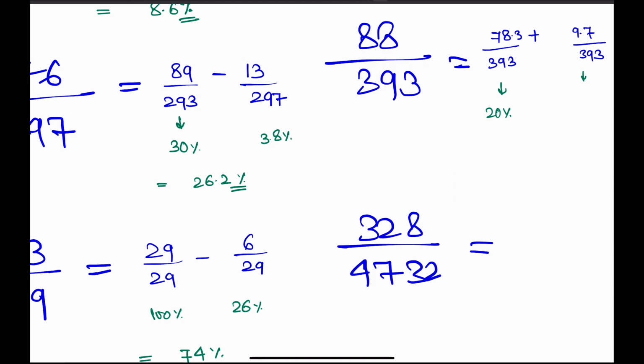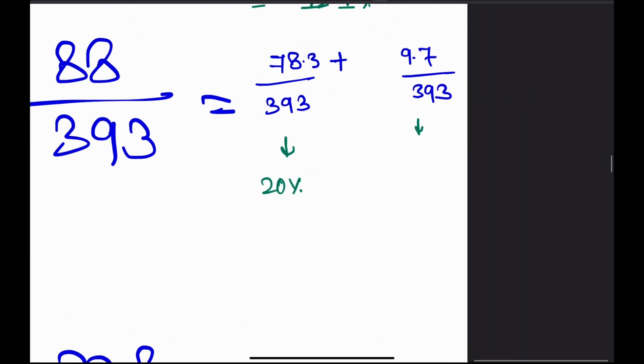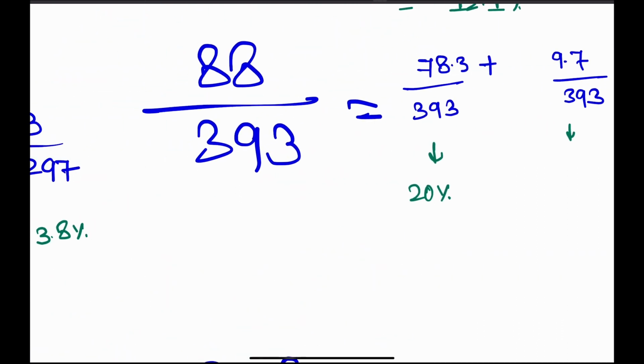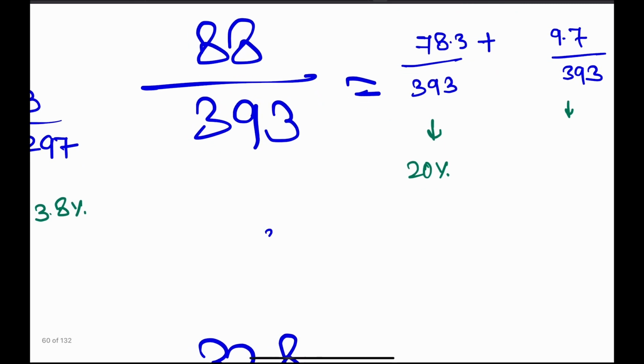Okay, and then 3% is 1% is 3% will be 11.7.